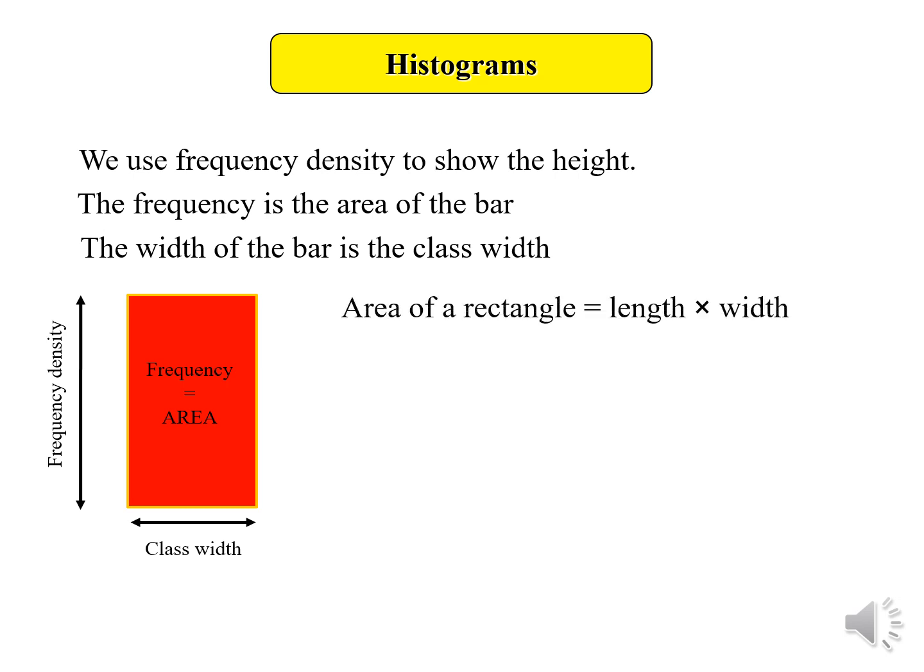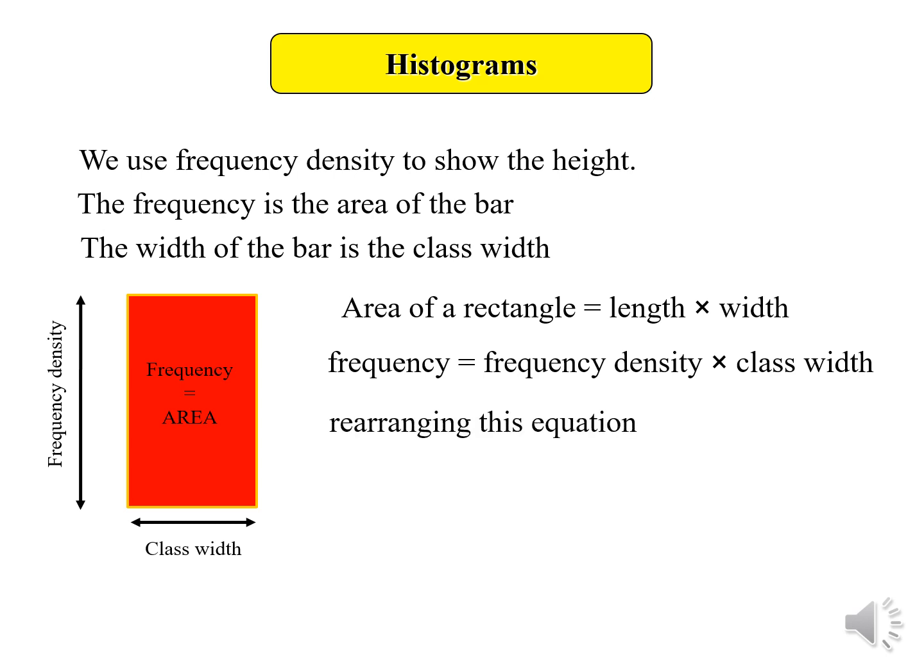As the area of a rectangle is length into width, similarly frequency, which is the area, can be defined as frequency density into class width. If I want to find the frequency density, we have to rearrange this equation.